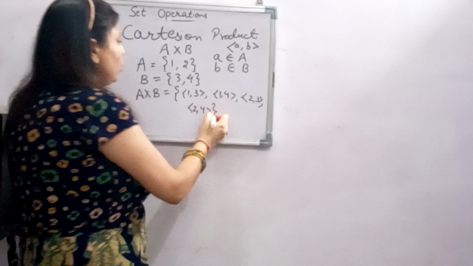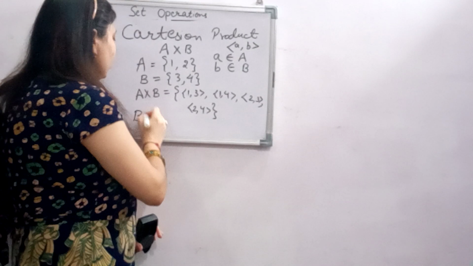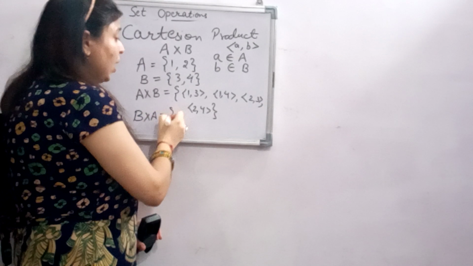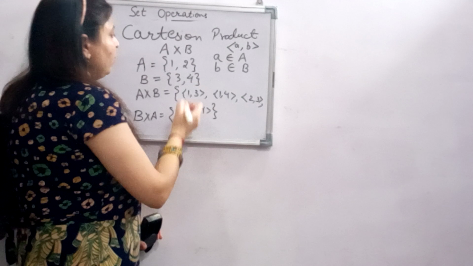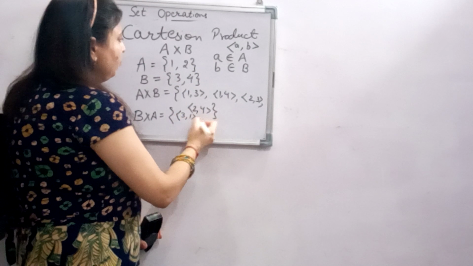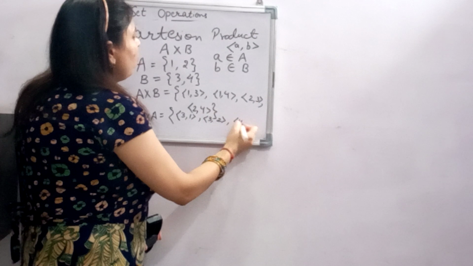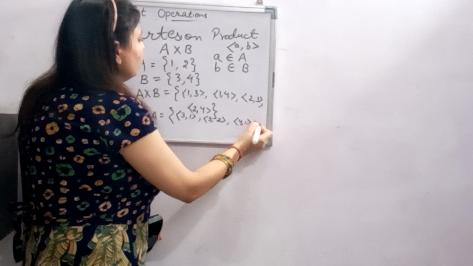This is the Cartesian product A cross B. And B cross A will contain different pairs. For example, B cross A contains (3, 1), (3, 2), (4, 1) and (4, 2).